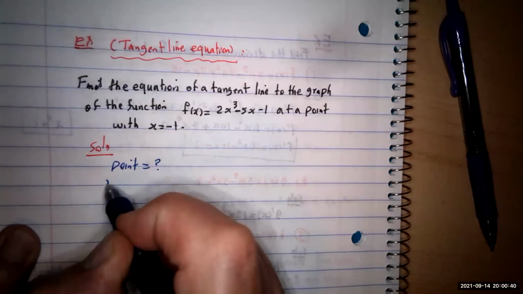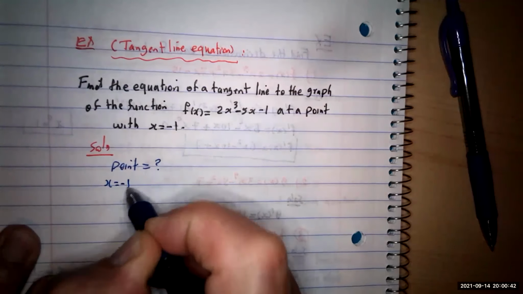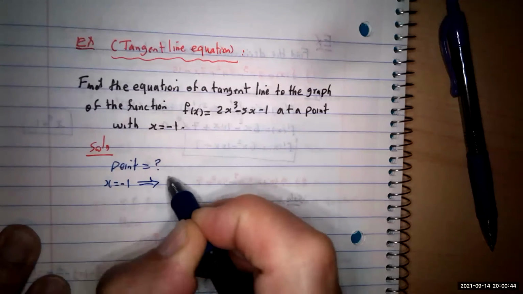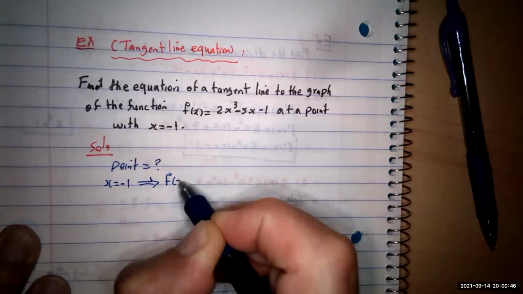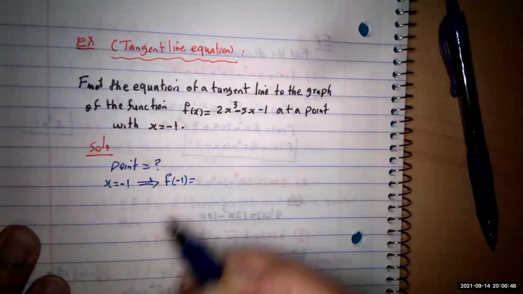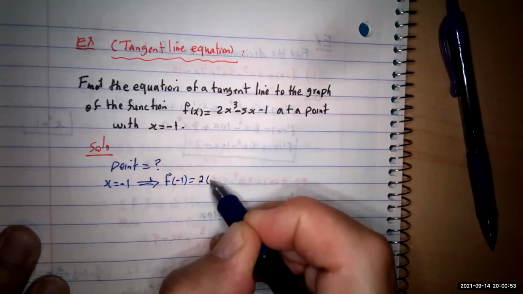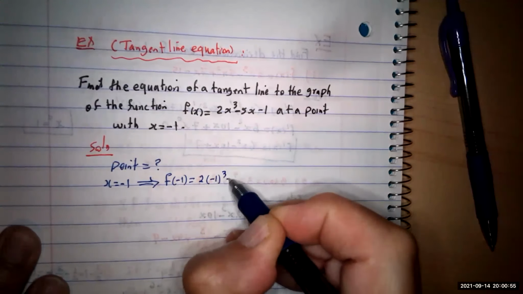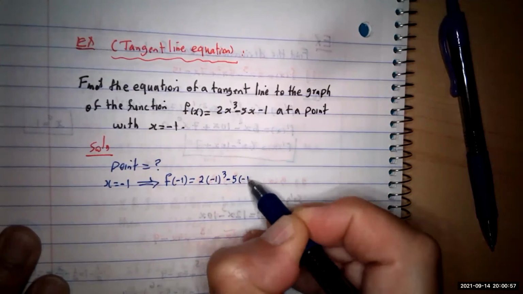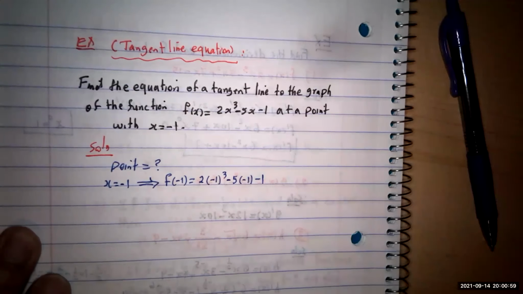So we get x equal to -1. Drop it into the function, you find f of -1. Carefully substitute. Over here you have to use parentheses: 2 times (-1) cubed, minus 5 times (-1), minus 1.